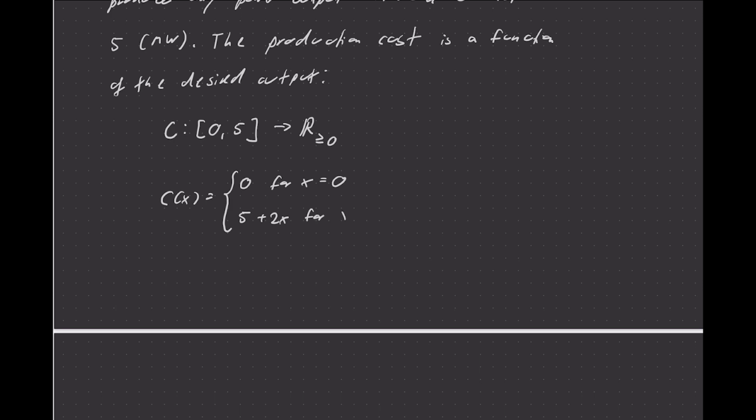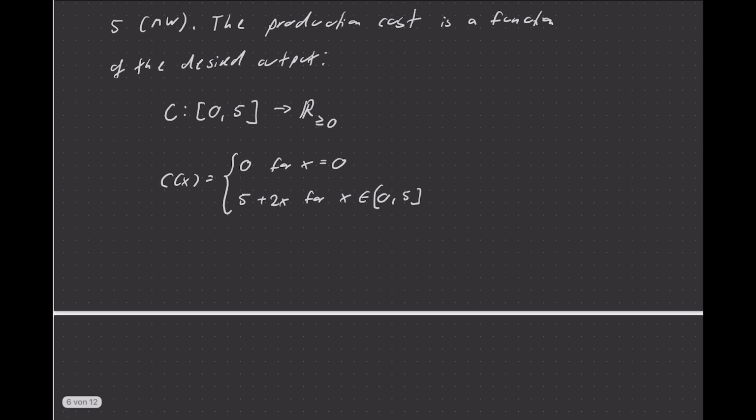So that is for x in the rest of the domain, 0 to 5 and 0 excluded. Okay, so what we have is a fixed cost for production and a variable cost for production.